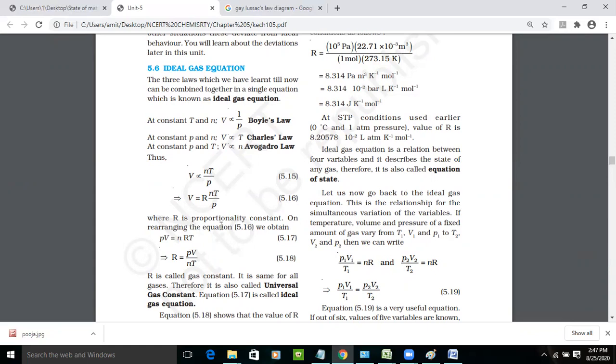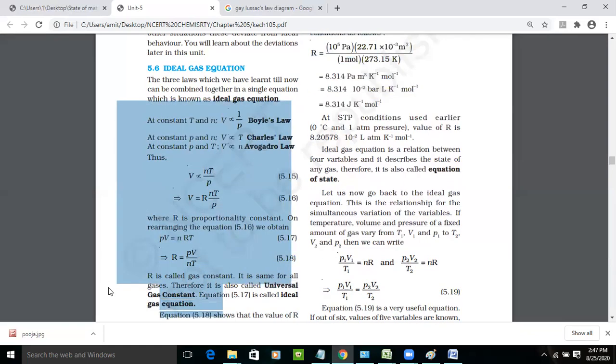So R is the proportionality constant, and if we rearrange this equation, we obtain PV is equal to nRT. Correct? Pressure times volume is equal to nRT. If we rearrange it again, R is equal to PV upon nT.